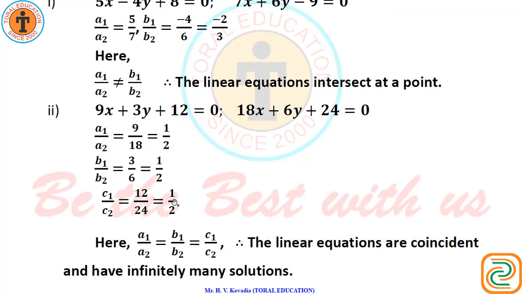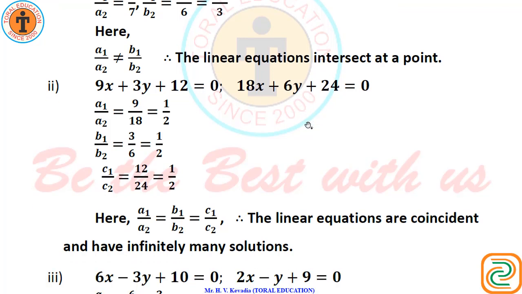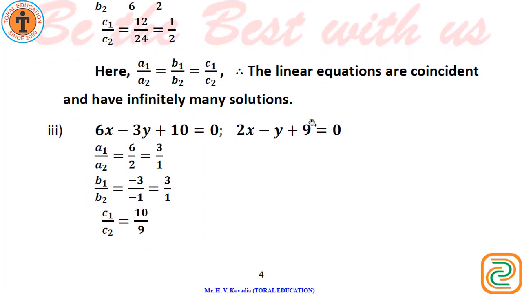All these are equal, so a1/a2 equals b1/b2 equals c1/c2. So the linear equations are coincident, meaning they have infinitely many solutions. Both the lines are the same.